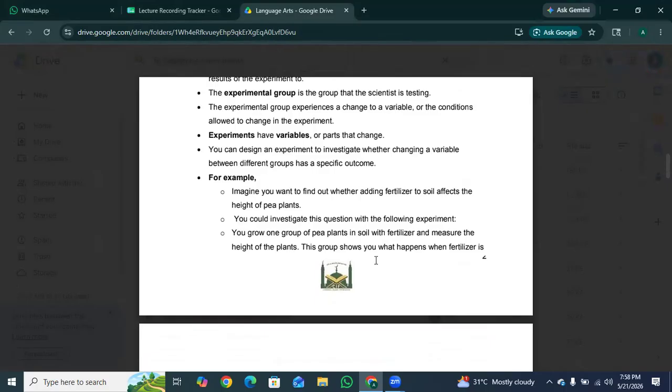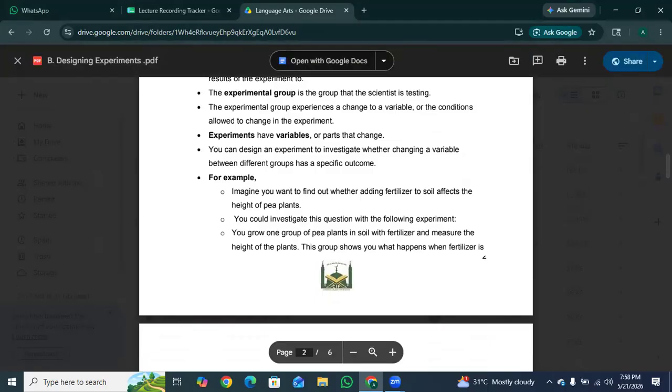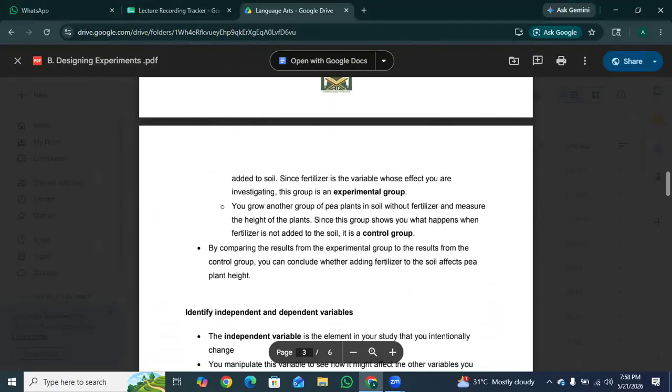This group shows you what happens when fertilizer is added to soil. Since fertilizer is a variable whose effect you are investigating, this group is an experimental group. And you grow another group of pea plants in soil without fertilizer and measure the height of the plants. Since this group shows you what happens when fertilizer is not added to the soil, it is a control group.